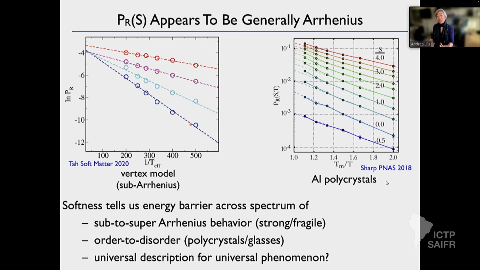It turns out to be sub-Arrhenius. Again, you see this nice behavior. And here's a system that's not a glass at all, that's not disordered at all. It's aluminum polycrystals. In aluminum polycrystals, again, the probability of rearranging is Arrhenius.